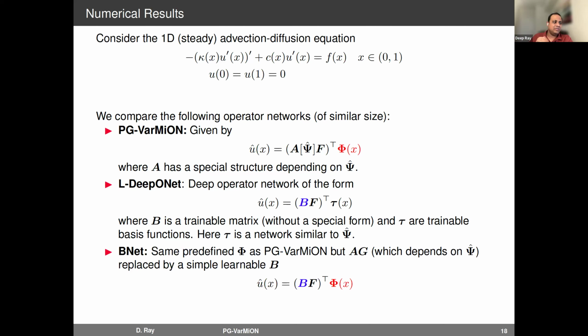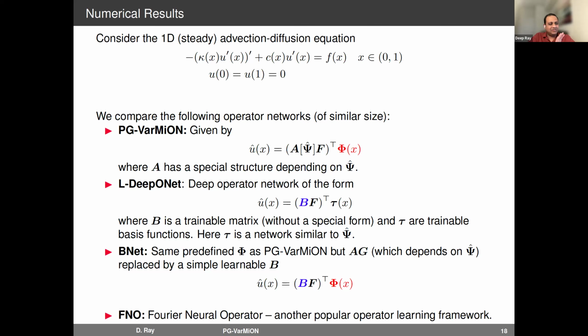The third one is what I call the B net, which is sort of between the PG-VarMiON and the LDPO net. Here, we'll take the same trial basis as the PG-VarMiON, and we'll simply ask, is there any benefit of having the specialized structure matrix A? Can I not just have a simple learnable matrix B acting on the discrete F? Is that enough or is that not enough? So we look at these three kinds of operator networks.